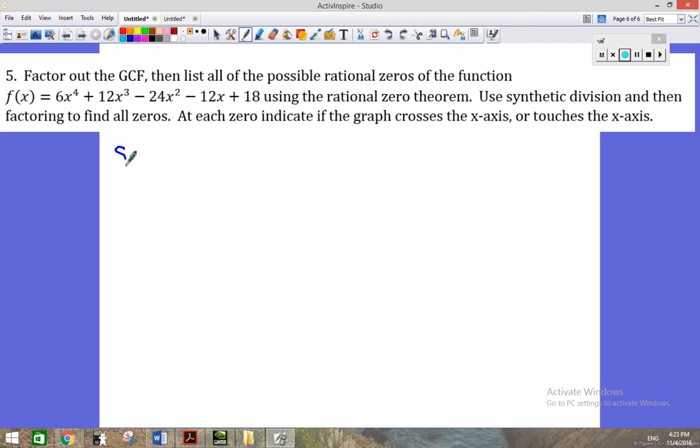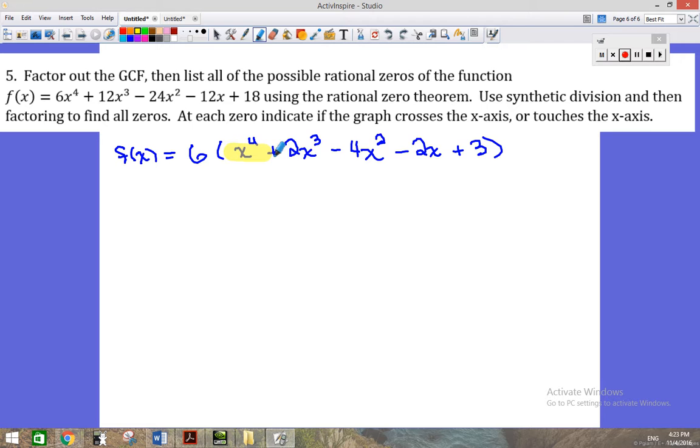So I'm going to rewrite this f of x as 6 times x to the 4th plus 2x cubed minus 4x squared minus 2x plus 3. Hopefully I haven't made a silly arithmetic error.